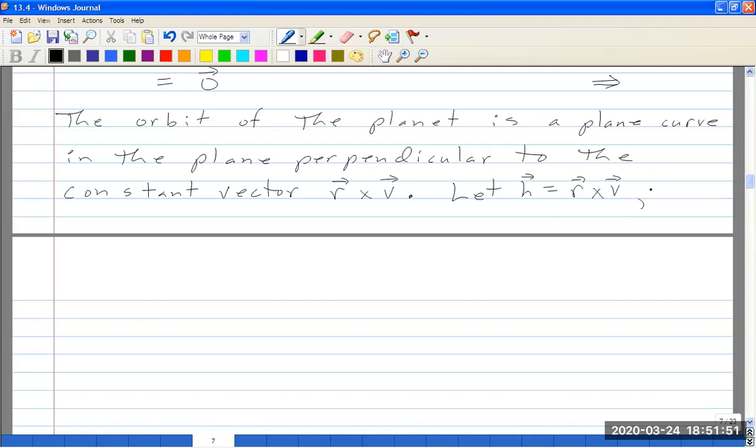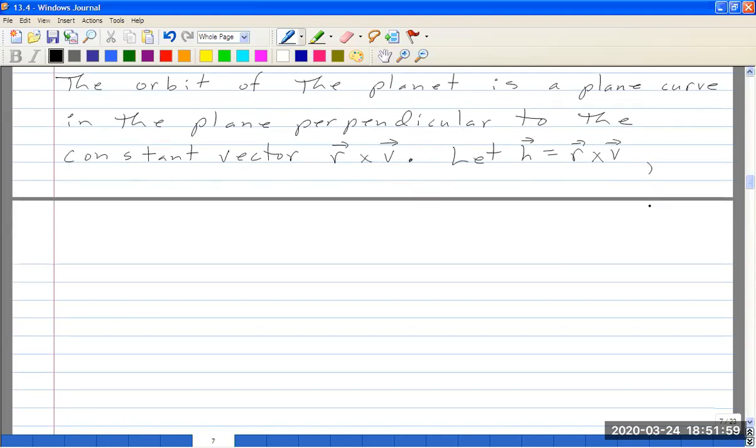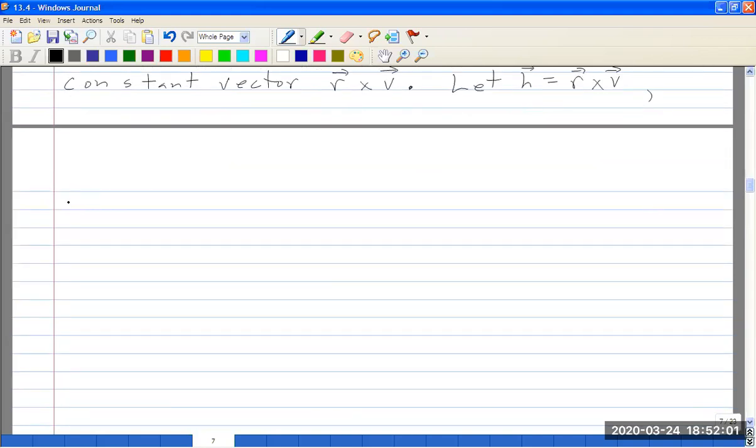Let u equal r over the norm of r, and let r equal the norm of r.